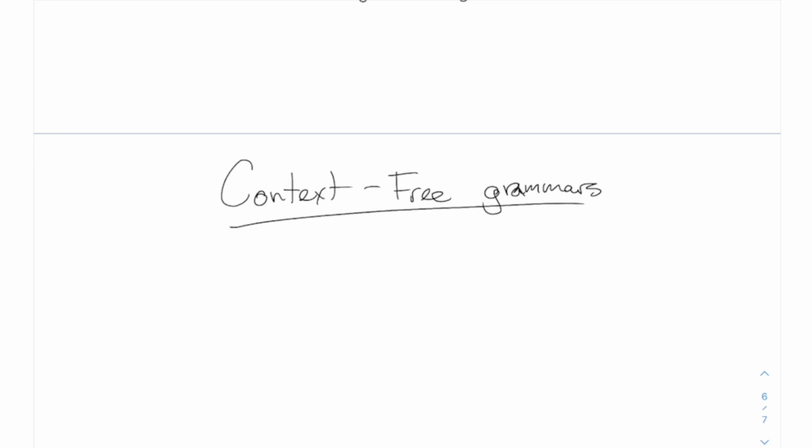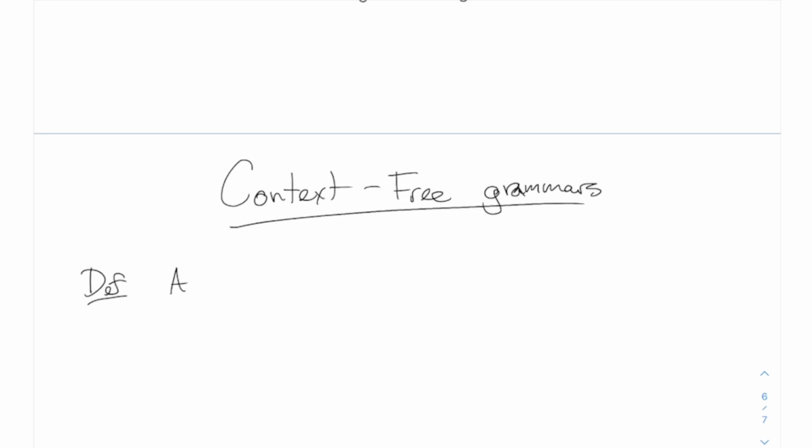Context-free grammars have one restriction, but they still are capable of creating a lot of different kinds of languages. So I'll give you the definition first of all.